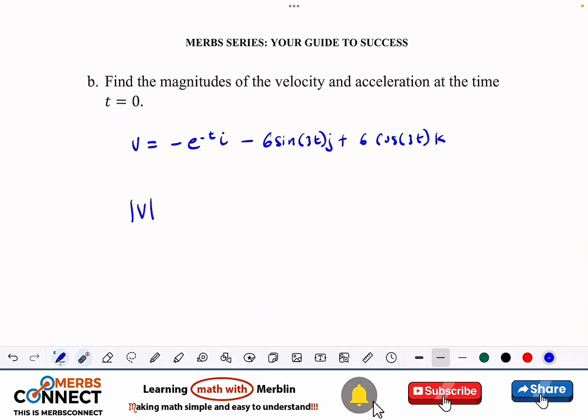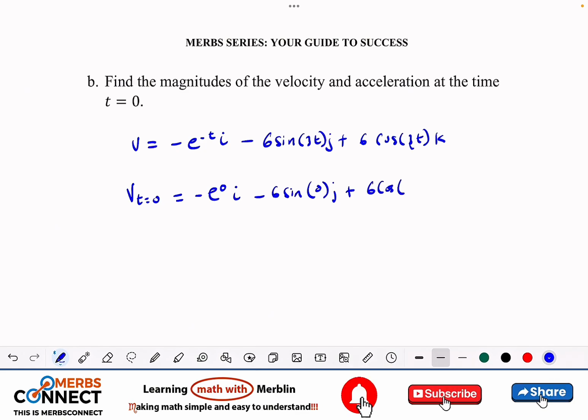But since the question is saying that at time t is equal to 0, it's best for us to evaluate it at t equals 0 before we find the magnitude, so that it becomes so simple for us. So let's do that. So this is minus e. When I put 0 there, this one becomes 0, i minus 6 sine. When I put 0 here, 3 times 0 will be 0, plus 6 cos. When I put 0 here, 3 times 0 will be 0 again.